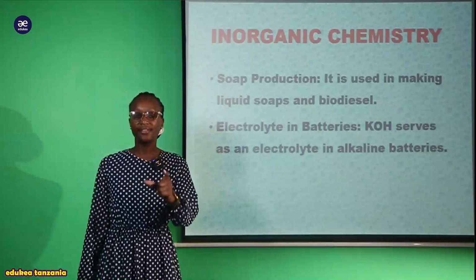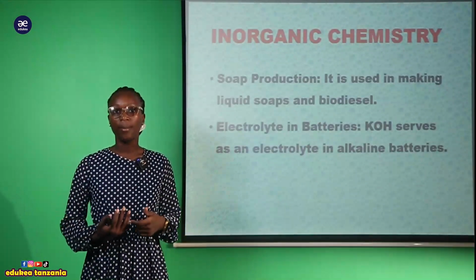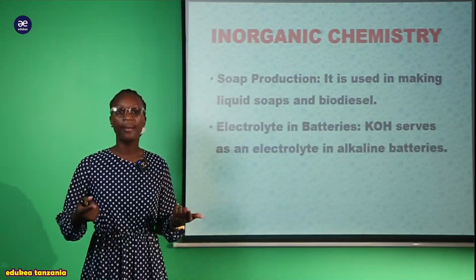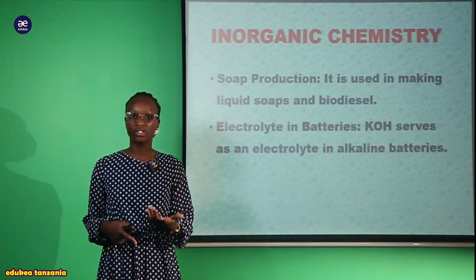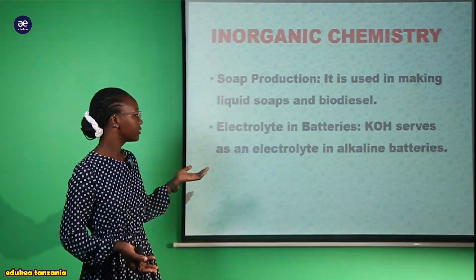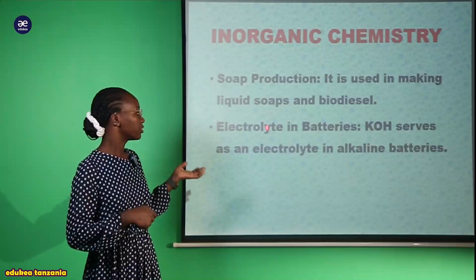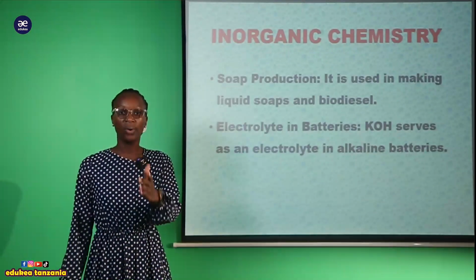Kwamba ina serve kama alkaline ambayo ina act as electrolyte. Tunajua kwamba electrolyte ni ile solution ambayo once the ion pass through it facilitates the production of the electricity or electric current.